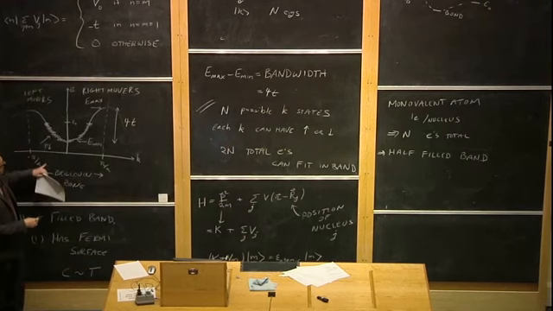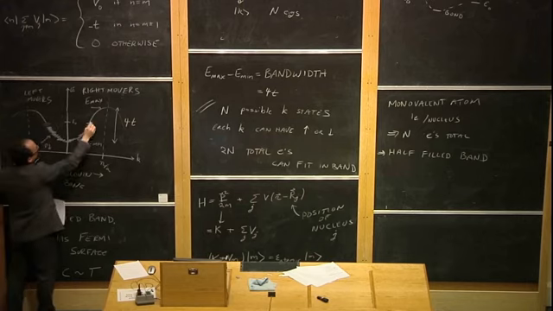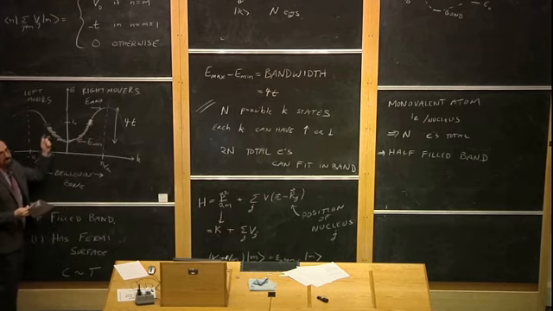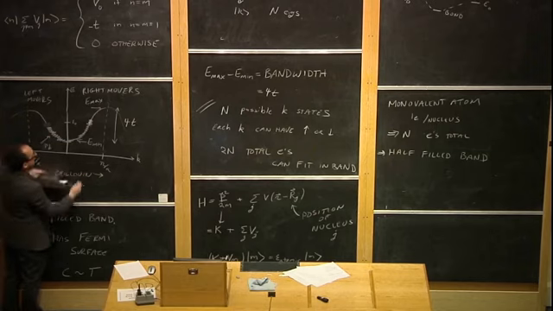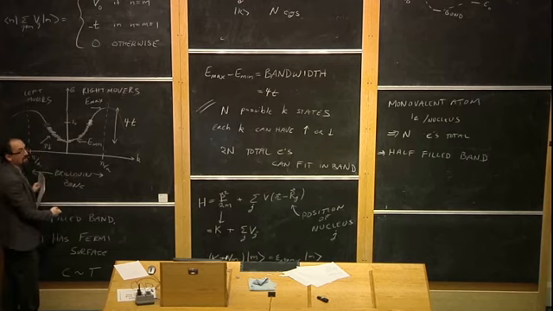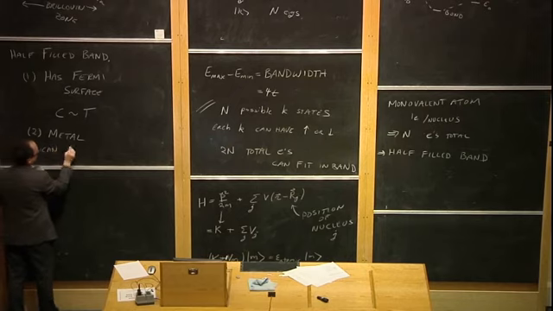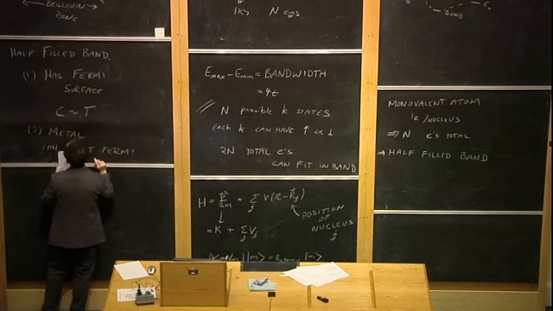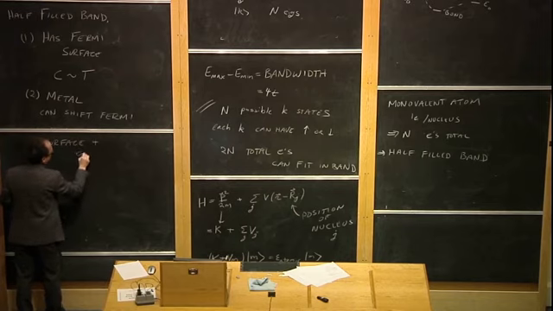And if we apply an electric field, with very little energy cost, we could take some of the electrons from over here and move them to over here. We could overpopulate the right-hand side by a little bit and underpopulate the left-hand side by a little bit. It costs you only very little energy to do so. Just shift the Fermi surface just a little bit, and then you have a net current. So a metal can shift the Fermi surface and get current.